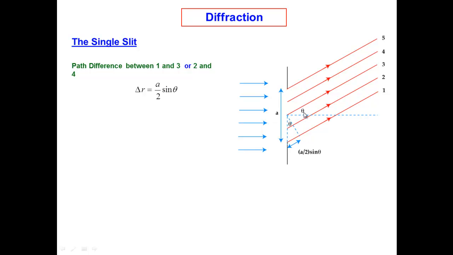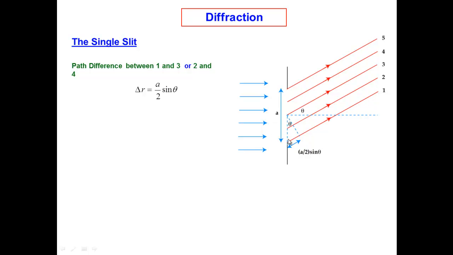The angle theta, measured from the horizontal, is the same as the angle in the triangle, and therefore the side opposite it is a over 2 sine theta. So the path difference is a over 2 sine theta, and that's also the path difference for paths 2 and 4.